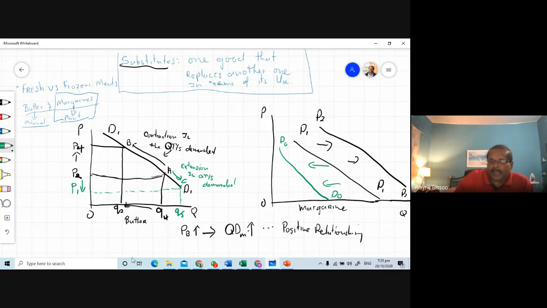So notice again, in the green situation, the price of butter is going down, leading to the quantities demanded for margarine also going down. So it means that we still have the same positive relationship, because as one moves in one direction, the other one also moves in that direction.